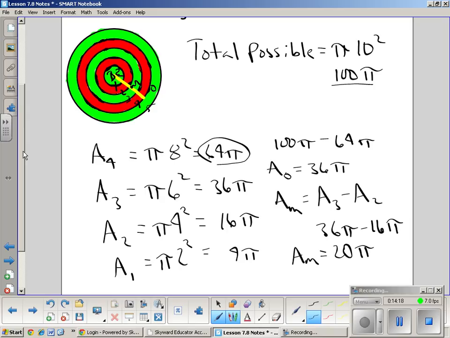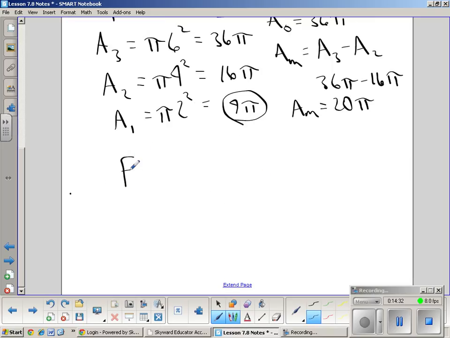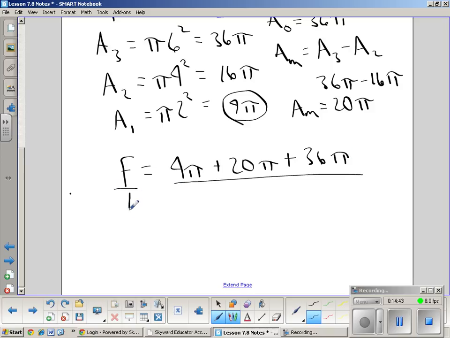And then the bullseye is just the bullseye. There's no subtraction needed, and that's this right here. And so my favorable measurement is going to be 4 pi plus 20 pi plus 36 pi, and my total possible was 100 pi.